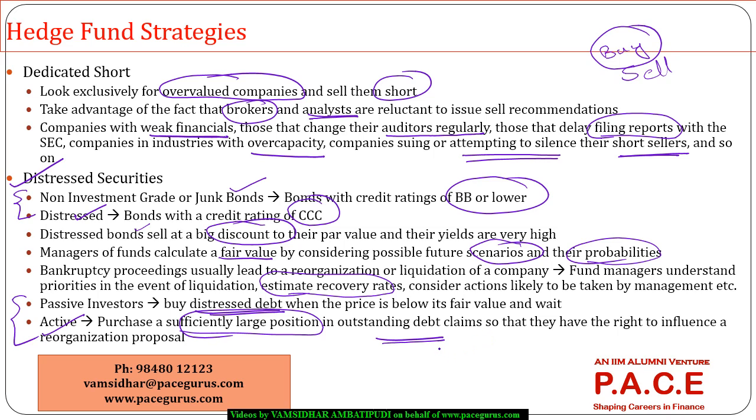Because their position is so big, they will have the right to influence the reorganization proposal. So some of these strategies are very much followed by the hedge fund managers. They look at these distressed securities and try to get bigger profits out of the investments in them.